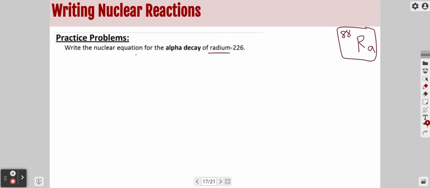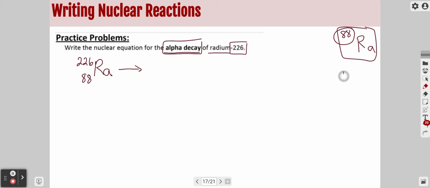So we're writing the nuclear equation for the alpha decay of radium. That means we're starting with radium, and let's write its isotope symbol. We know its atomic number from the periodic table is 88, and we know its mass number from the question is 226. All right, so we have radium, and it is going through alpha decay. Not sure what that is? Let's look in your data booklet.